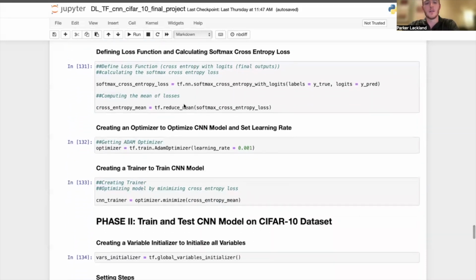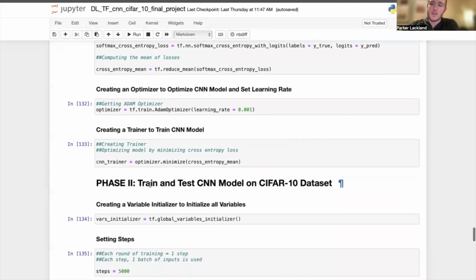The loss function that we created is, again, the softmax cross entropy loss function. And the optimizer that was used, that's very standard for simple convolutional neural networks, is the Adam optimizer with a learning rate of 0.001. Then the trainer is created so that we can train the model in a further step.